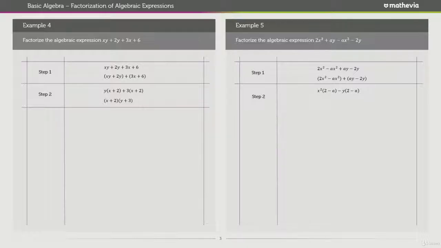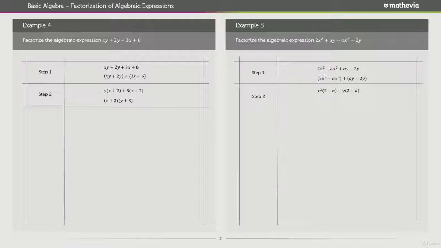I think I need to touch on this. Let's make this clear. If you look at what we have here, we're working towards factorizing, just like in the last example, using the common bracket.